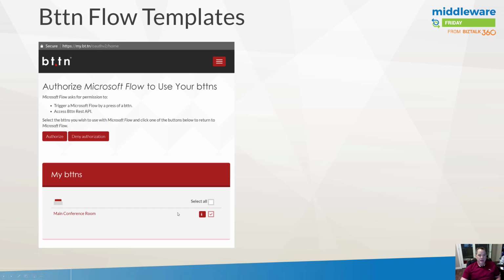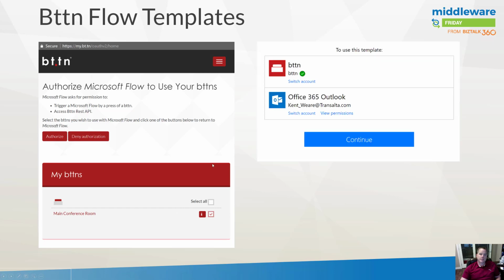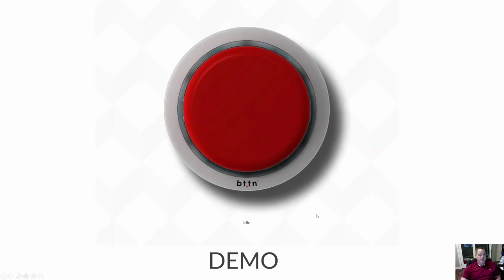So I want to check that off and then click the authorize button. And then we can see that we now have a connection established between my button and Microsoft Flow. Because I was logged into Microsoft Flow, it already detected my Office 365 account, so I didn't have to do anything from that perspective. So let's get into a demo and we'll show you exactly how this works.